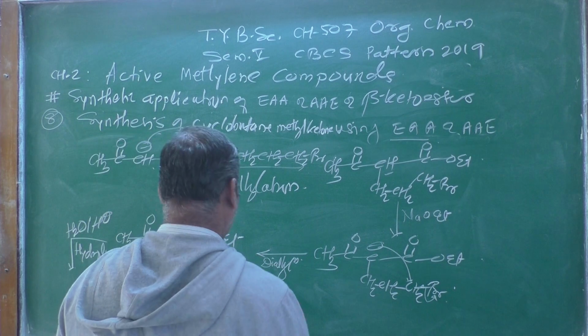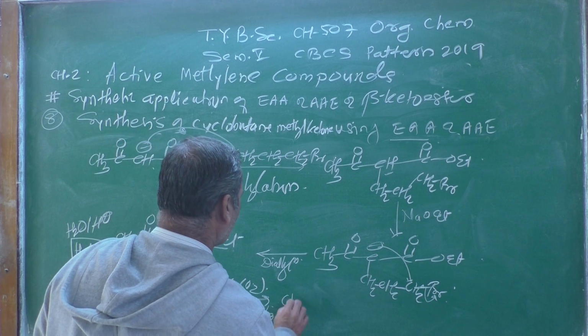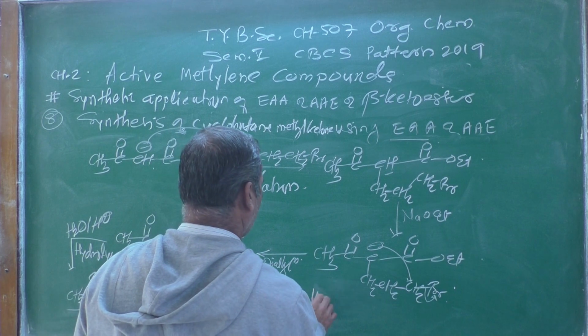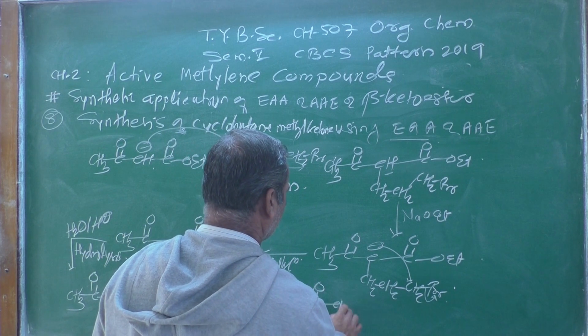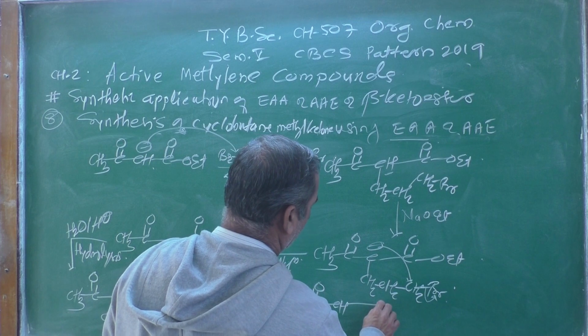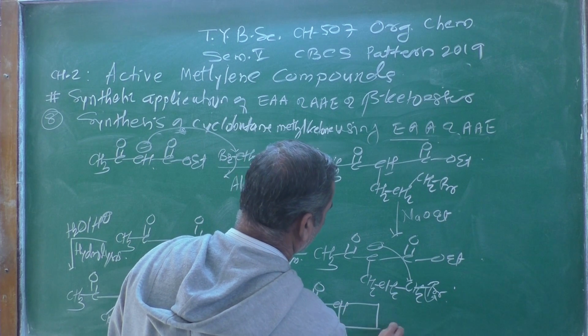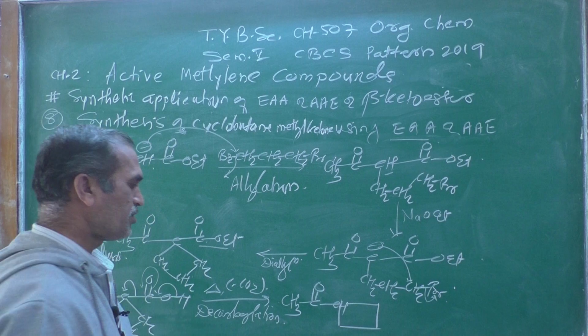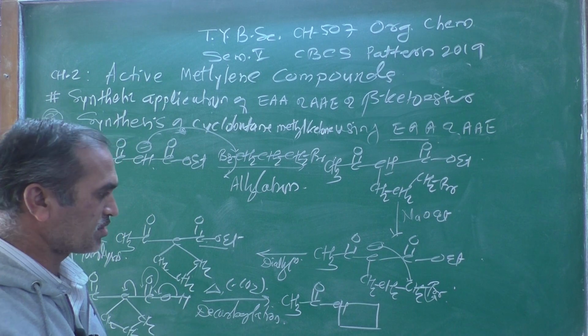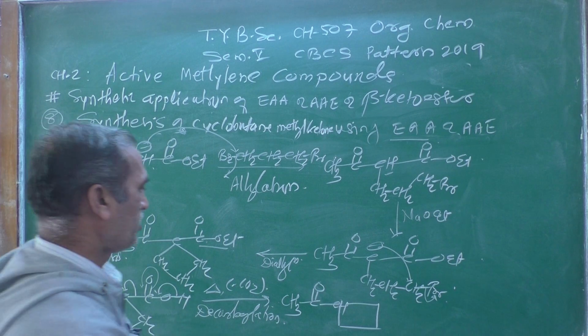heterolytically and we get the species CH3, C double bond O, then CH. In short I am writing it as a cyclobutane structure like this.